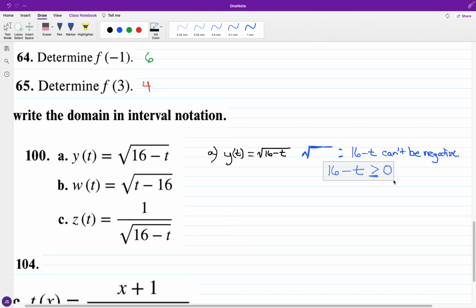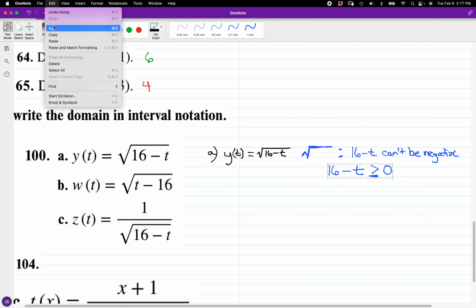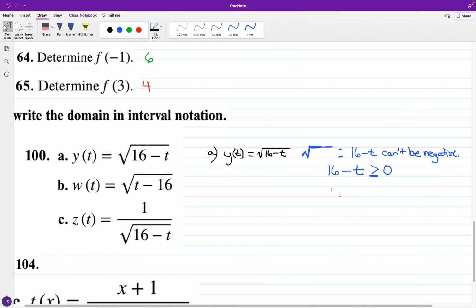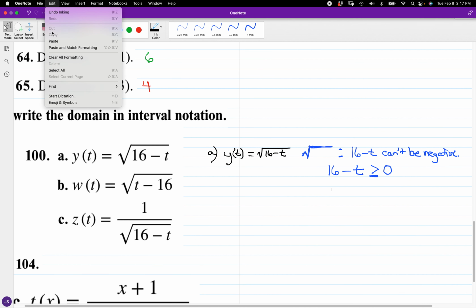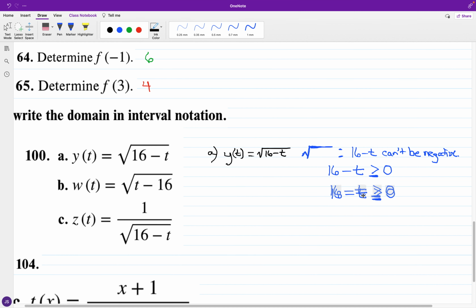Looking at solving for t and finding out what the inequality solution will be, as well as its domain, we can first isolate the variable term, which we have at the moment as negative t. If I deduct 16 from both sides, we have that negative t is greater than or equal to negative 16.